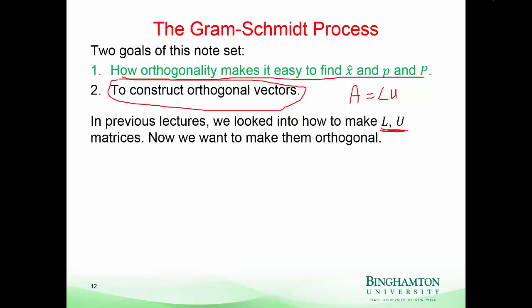So the Gram-Schmidt process is related to that. And so what we'll end up doing is we'll end up getting A is equal to some matrix Q that will hold the orthogonal vectors, actually orthonormal vectors, and then some other matrix R, which will be whatever's needed to combine the Q columns into the A matrix.